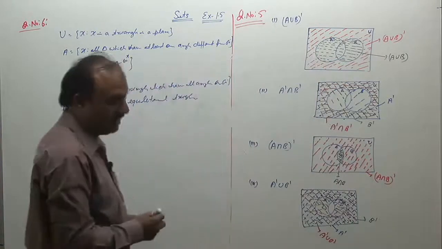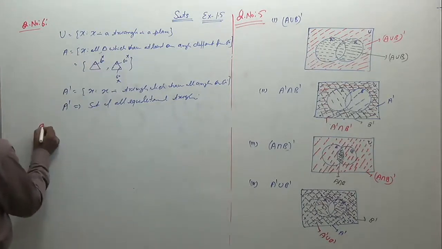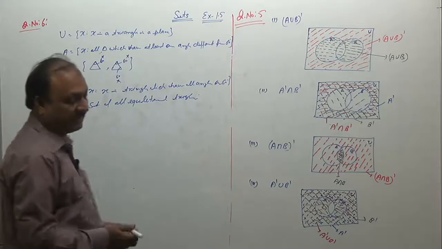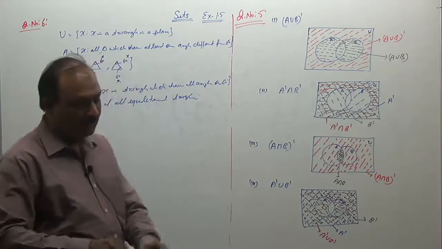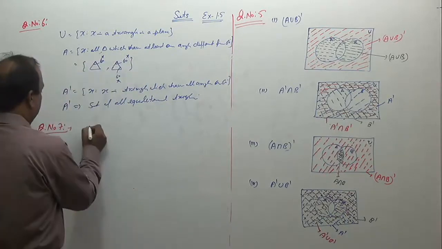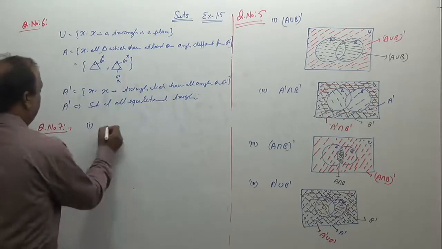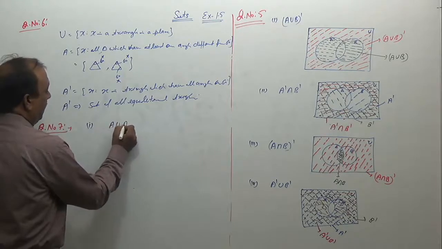And the last question of this exercise is question number 7. Based on the complement of a set, fill in the blanks. We have properties of the complement. First, A union A complement.